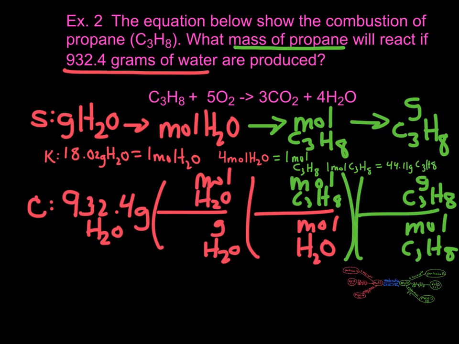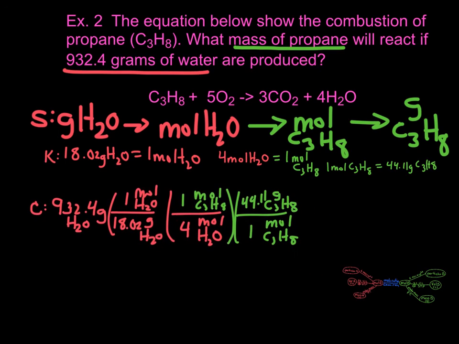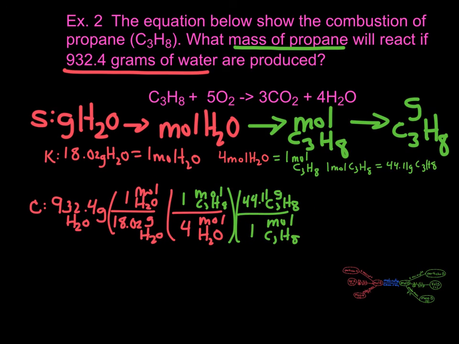All right, our numbers follow. 18.02 grams of water to 1 mole of water, 4 moles of water to 1 mole of propane, 1 mole of propane to 44.11 grams of propane. Close that parentheses that I couldn't fit in.